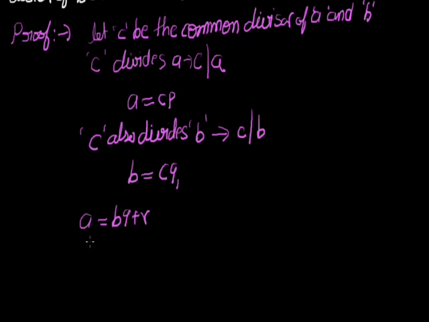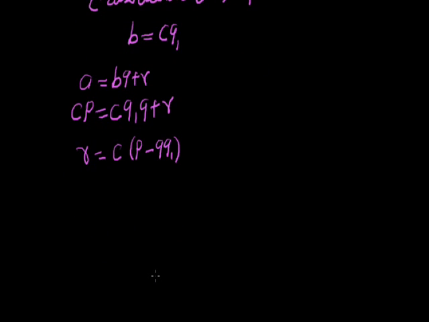So now substituting the values of A and B in this equation, we will get C into P is equal to C into q1 into Q plus R. So we can write R is equal to C times (P minus Q into q1). Now P is a constant, Q is a constant, so P minus Q into q1 is a constant.